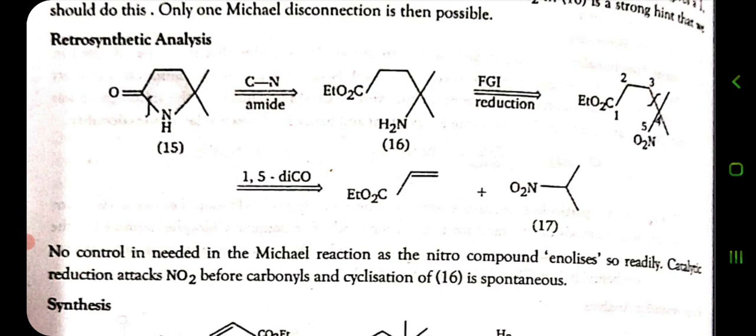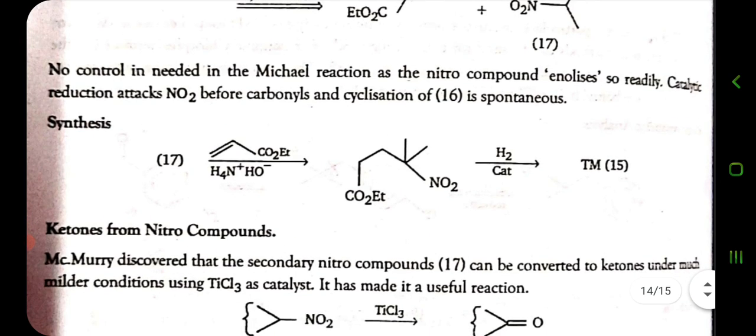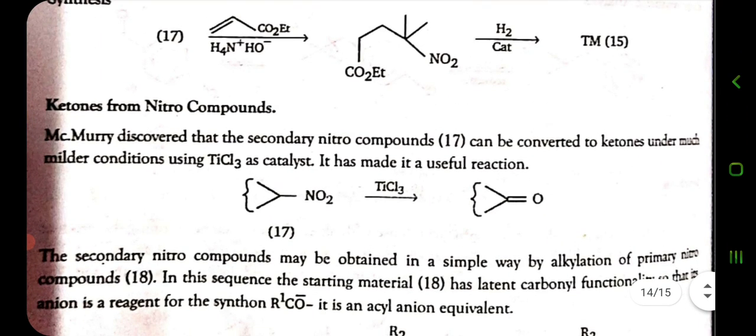In the synthesis of the target molecule, when the nitro compound reacts it gives our cyclic amide, which is the target molecule. Next, ketones from nitro compounds.